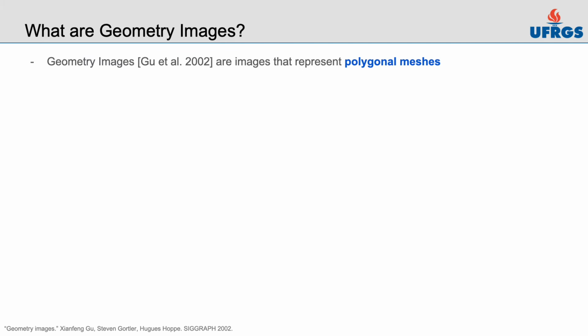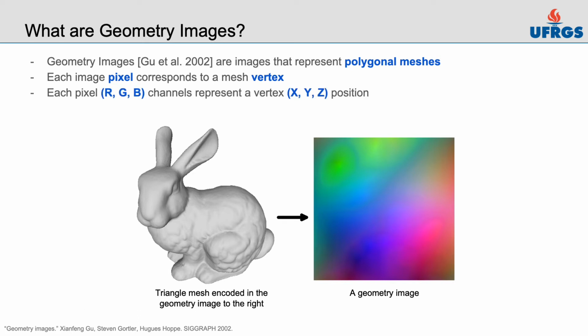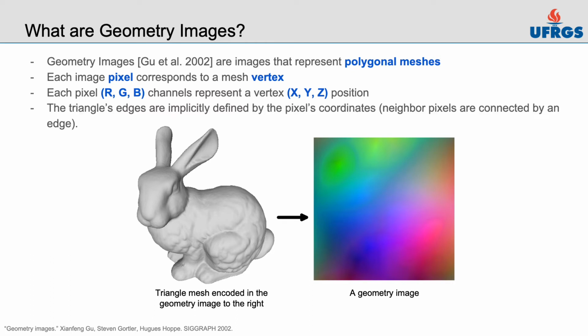We continue by presenting the geometry images in more detail. As said before, geometry images are images that represent polygonal meshes. Here is an example of a geometry image and the mesh it is representing. Each pixel of the image corresponds to a vertex of the parametrized mesh. The XYZ position of each vertex is stored as the RGB color of each pixel.